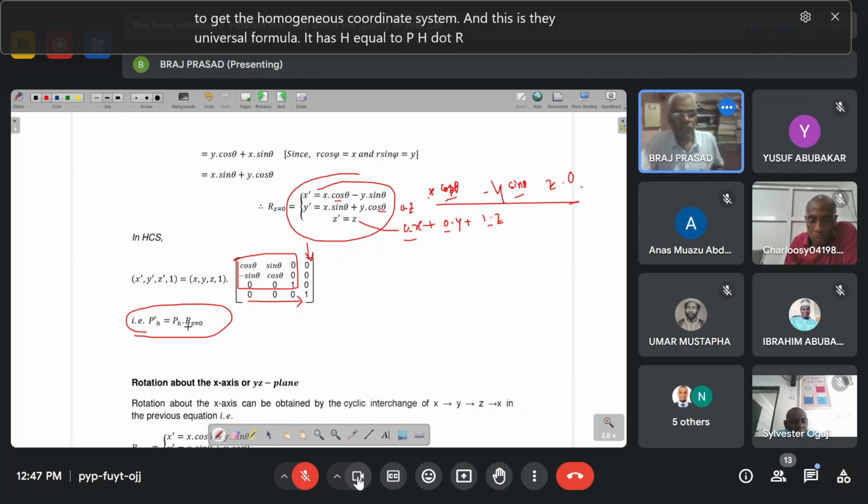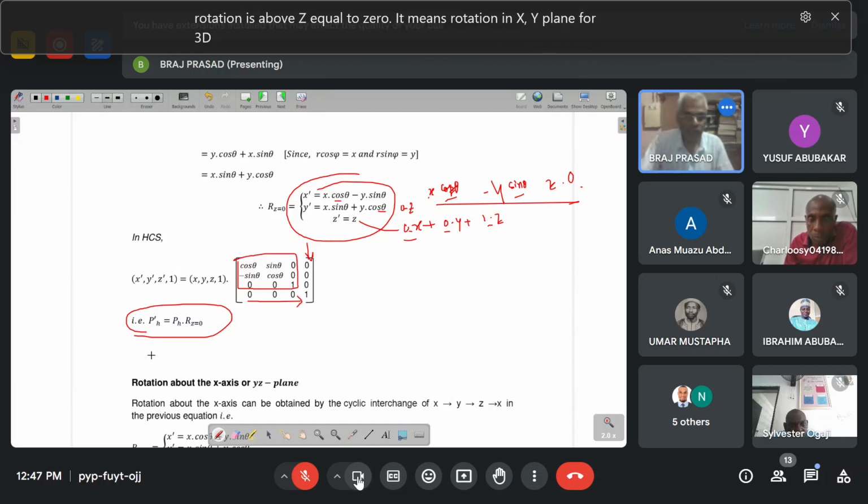At this place, the rotation is about z equal to 0. It means rotation in xy plane for 3D concept.